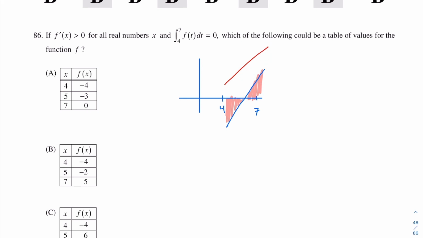And likewise, if the line was always negative, well then that area under the curve would always be negative. So in order for the area under this curve to equal 0, there needs to be some negative values and some positive values for it to cancel out. So now looking at our options, we look at A.